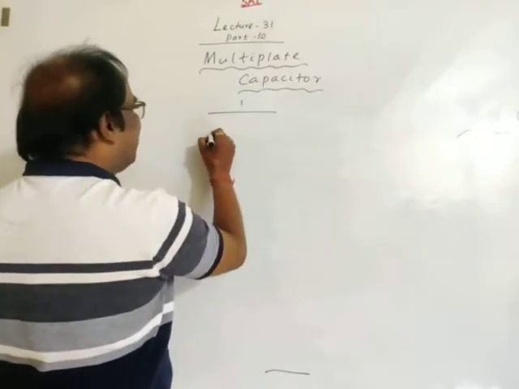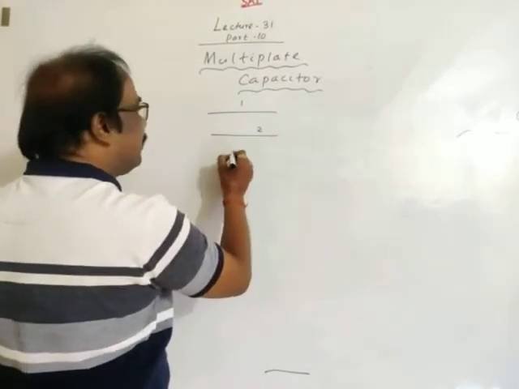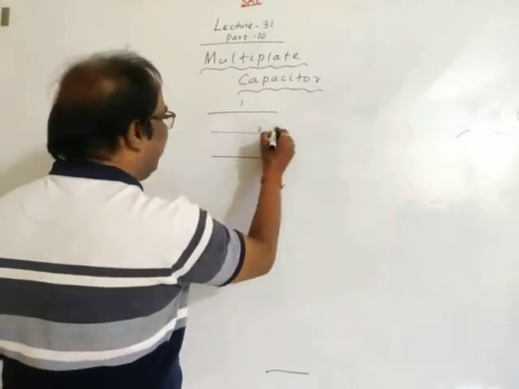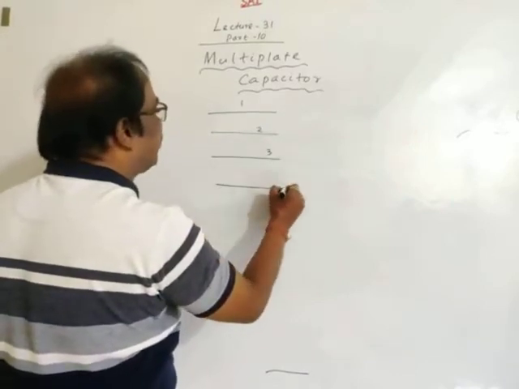This is a plate, plate number 1. This is another plate, plate number 2. This is plate number 3. This is plate number 4.